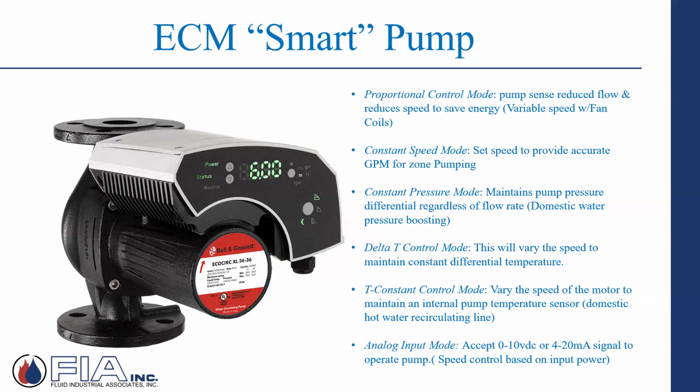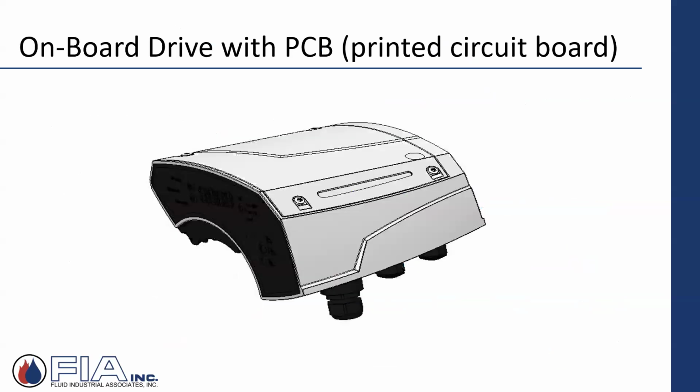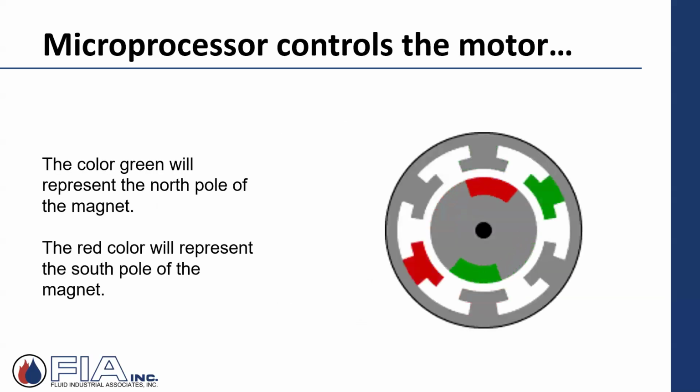But the beauty is just one pump can do a whole bunch of different applications. So they'll have this onboard drive with a printed circuit board. It's a simple little picture, but sometimes a picture speaks a thousand words. All they're saying is I have this microprocessor that's electronically pulsing that power on and off. And so with the north and south pole, the north being the green and the red being the south, as the microprocessor pulses the power, the magnet goes chasing.